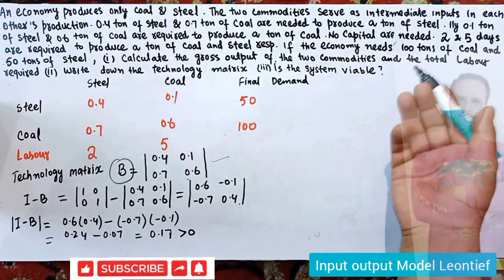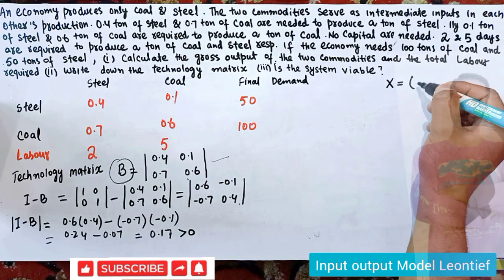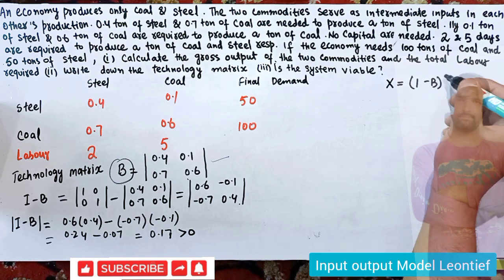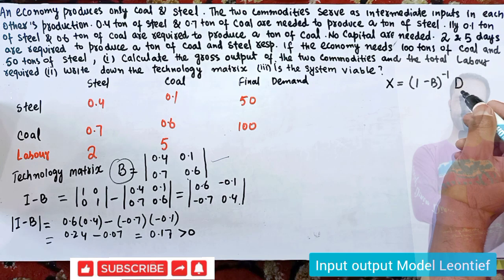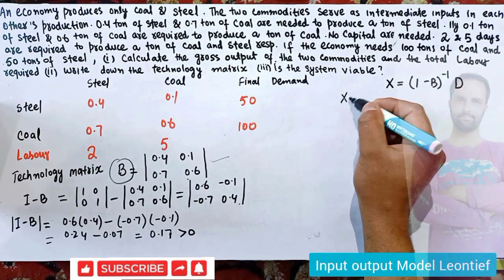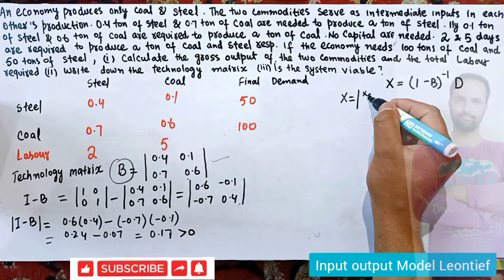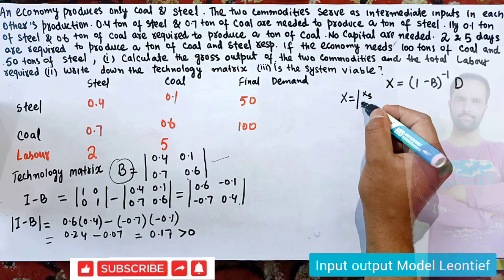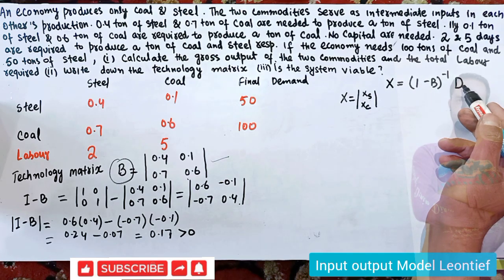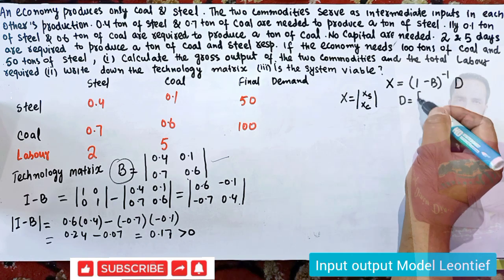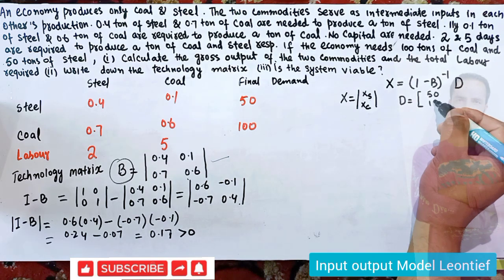Here we need to find x, which should be equal to I minus B inverse into D. x denotes our outputs: xs, the output produced by the steel industry, and xc, the output produced by the coal industry. D is our final demand, and we are being told the final demand is something like this: 50 and 100.